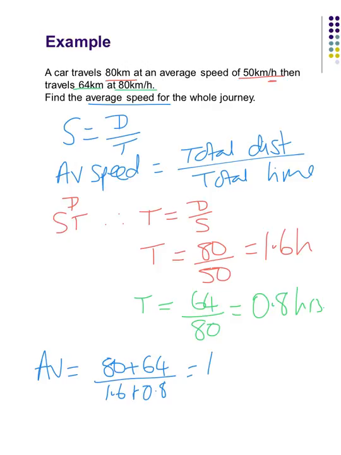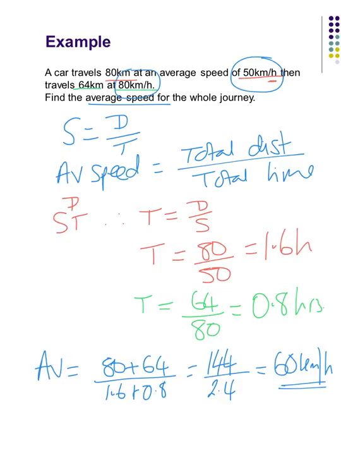So 144 divided by 2.4, which gives us an average speed of 60 kilometres per hour. Again, like I say, the trap a lot of people fall into, saying, oh, average speed, I'll just add them two together and divide by 2. Wrong.